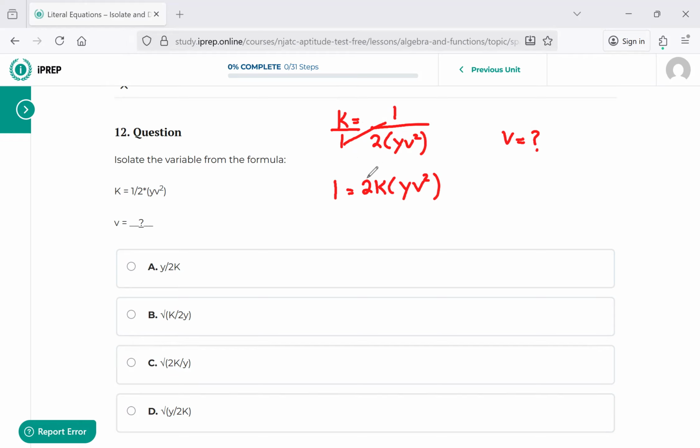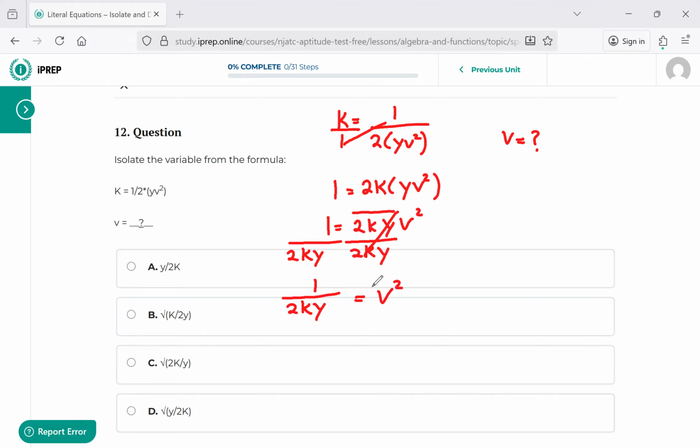You can rewrite it as 2k, you don't need that parentheses, 2k y v squared. I think that would be much easier. So now what you could do next is get rid of this 2ky by dividing both sides by 2ky. This cancels. So you're left with v squared, and then it's 1 over 2ky.